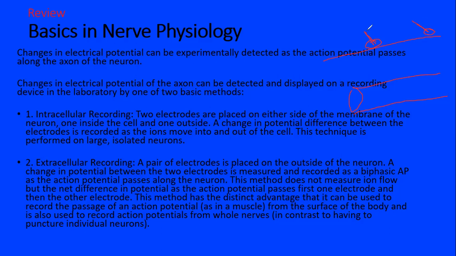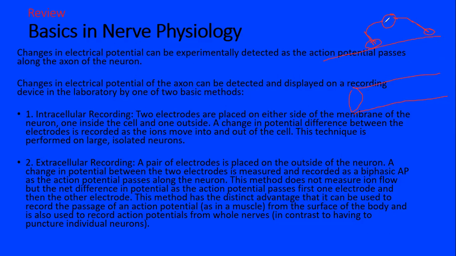You connect these two electrodes via the voltmeter, and they will always be reading a difference between the first electrode and the second electrode. So if there is an electric current passing here, it will first be picked up by the first electrode, then it will disappear, and then it will be picked up by the second electrode.